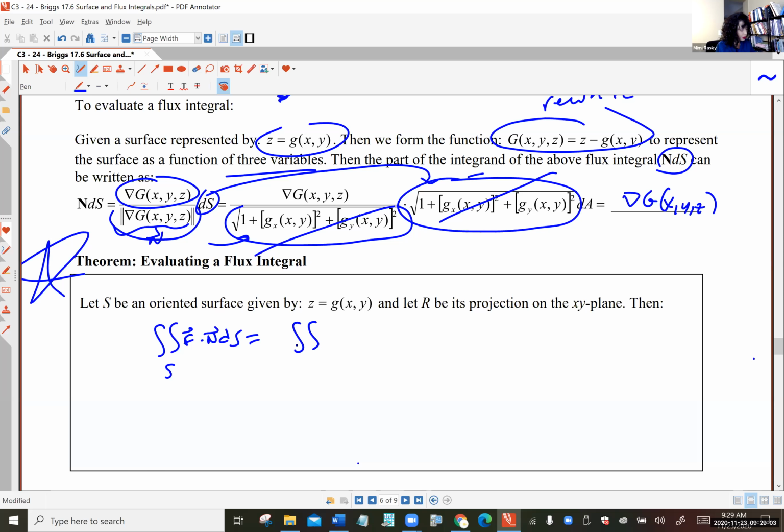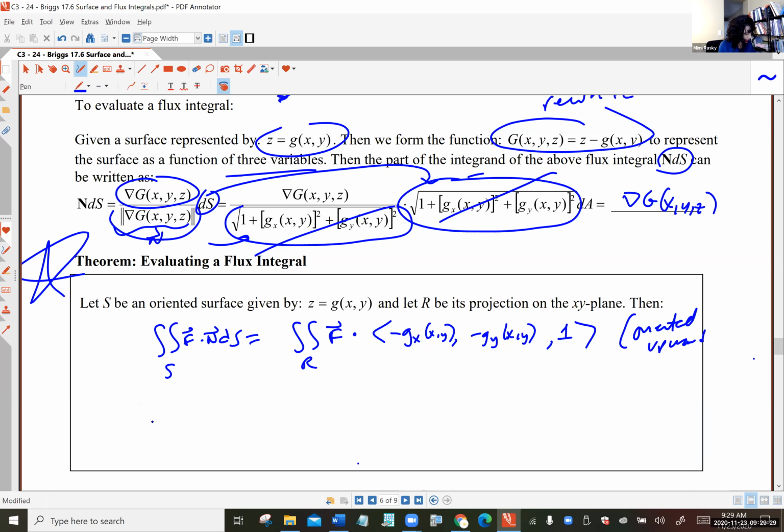To convert it into a regular double integral that you can actually work with, you're going to project the surface onto the xy plane. So you've got a region, and you take the dot product of your force field with negative gx, negative gy, and then 1. And that's if your big N is oriented upward.